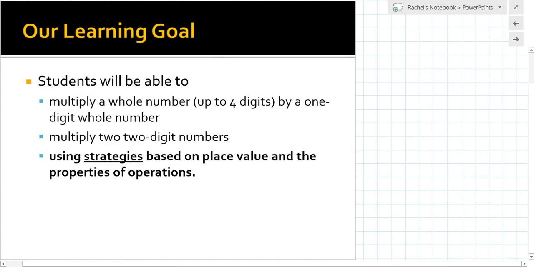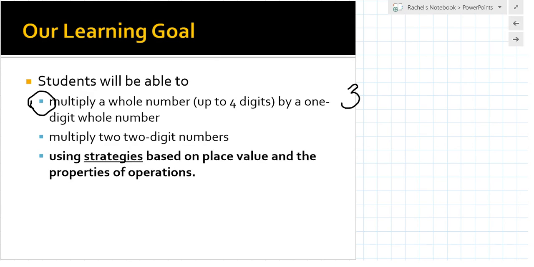In Lesson 4, students were estimating products by rounding the greatest factor. We started to take a step in the direction of being able to work toward this goal of multiplying a whole number up to 4 digits by 1 digit.